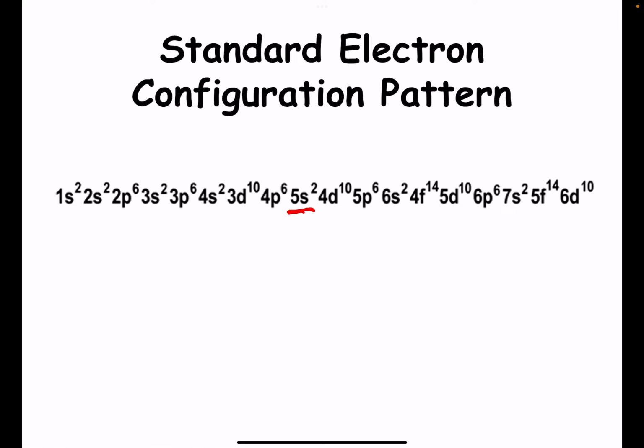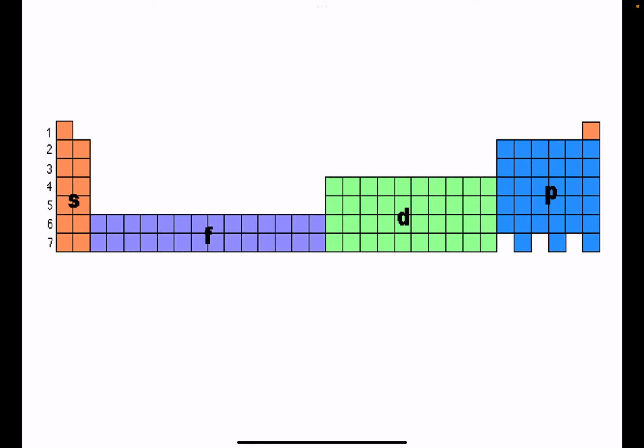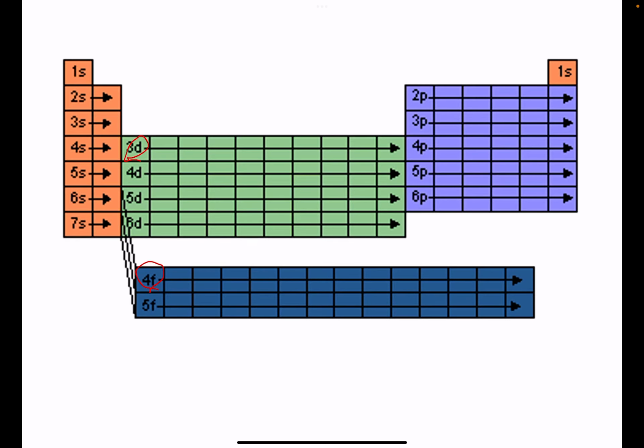Let's start out here first, at 4s2 right here. Do you see how 4s2, if we go back to our periodic table with our representation here, there's 4s1, there's 4s2. Notice how this goes to 3D.